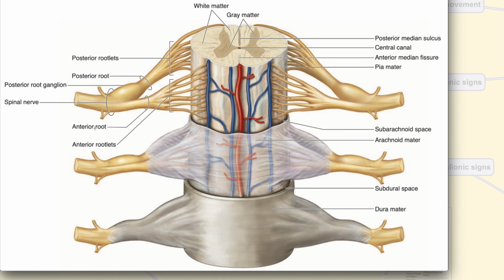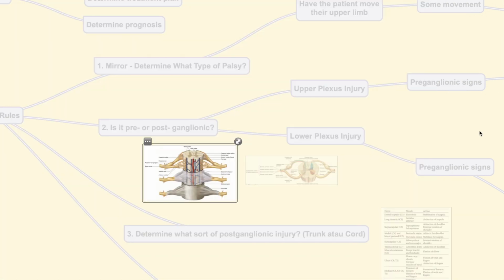Some of you might notice that all the nerve root branches come after the posterior root ganglion. But we use some of those nerves to help us identify preganglionic injury because of their proximity. If the branches that come off from these roots are injured, then we could conclude that the injury is located around the preganglionic area.